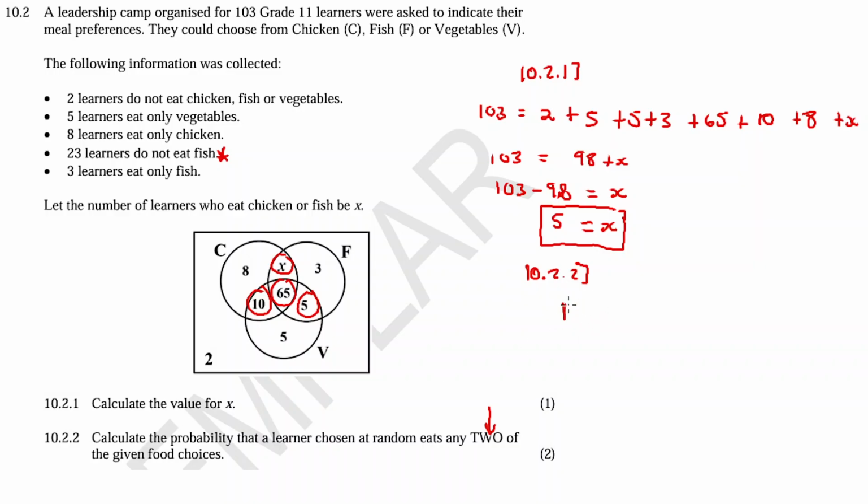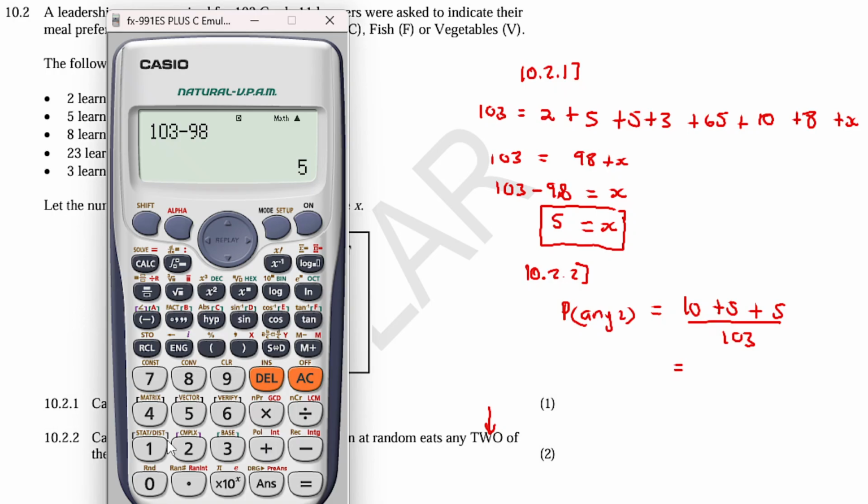So we want the probability of any two, it should be 10 plus 5 plus x, which is another 5, divided by 103. The answer, 10 plus 10, that's 20 over 103.